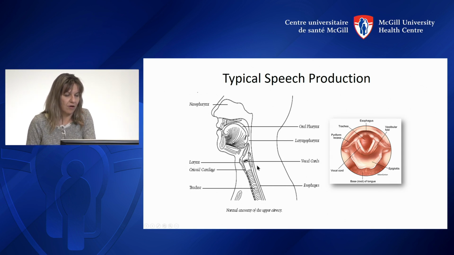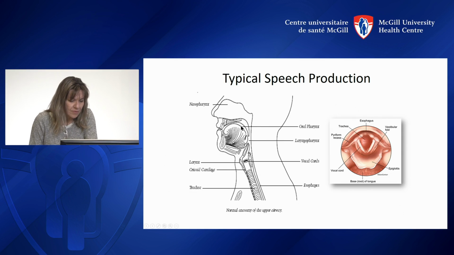If there are obstructions at the level of the vocal cords, speech is going to be altered. And if there is obstruction at the higher levels in the upper aerodynamic tract, no airflow will be produced, thus no voice will be audible.